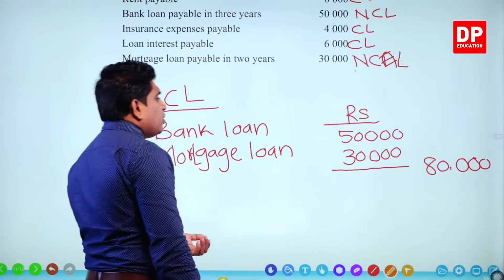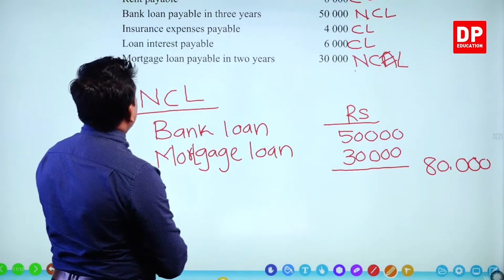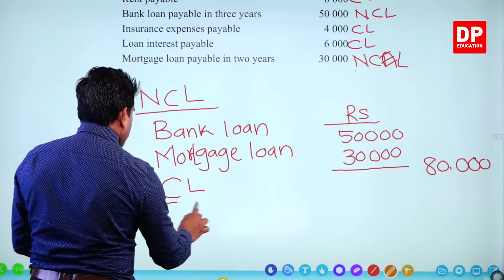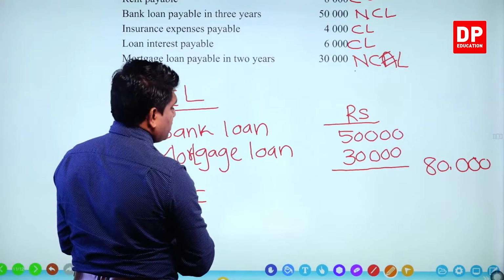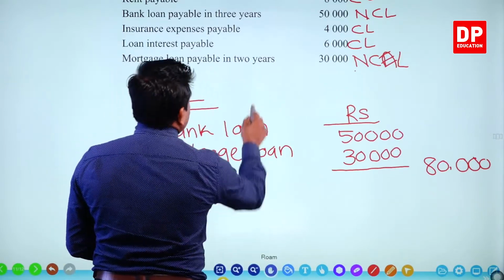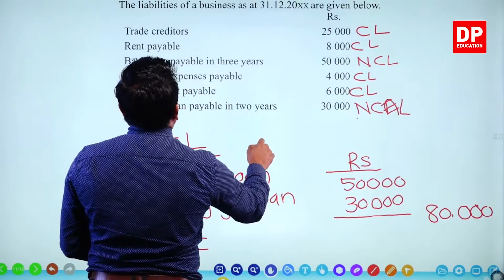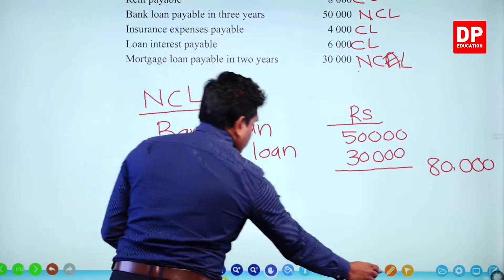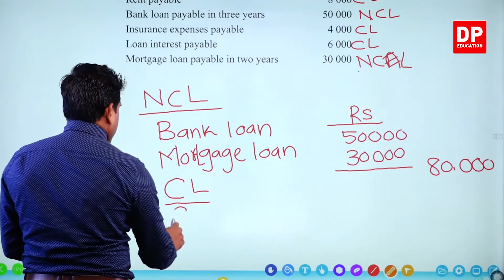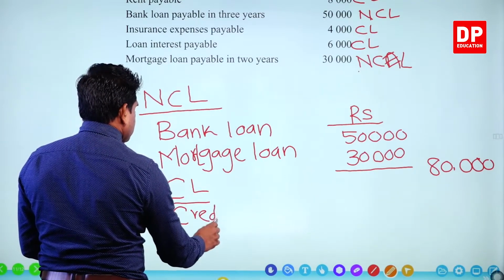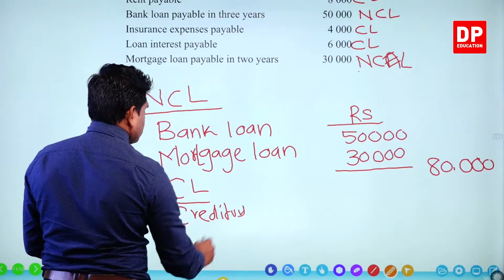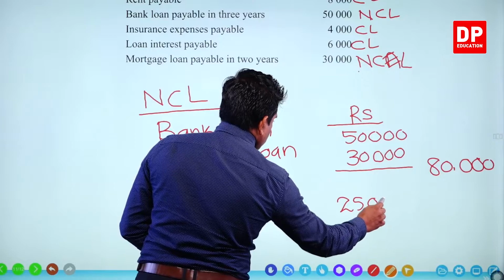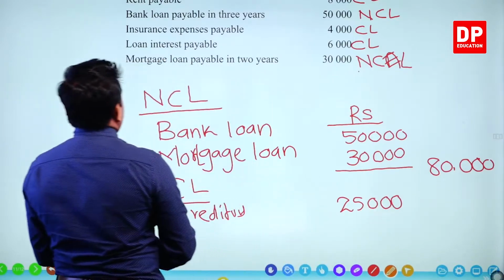Okay. Now, current liabilities. All other liabilities given in the question are current liabilities. Now we see the first. Trade creditors, 25,000. Trade creditors means creditors, 25,000. What's the next one?